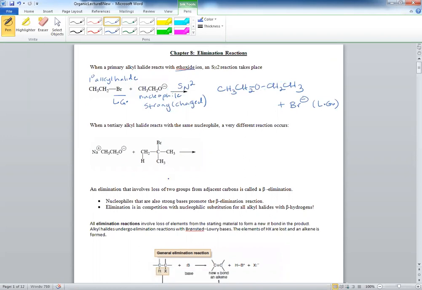Now, when we keep the same nucleophile and we change the halide, in this case, instead of being a primary halide, if you take a look at this halide right here, this is tertiary.